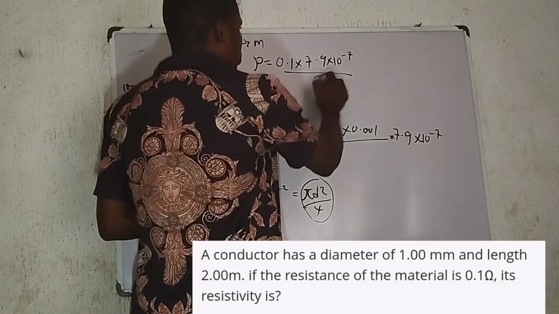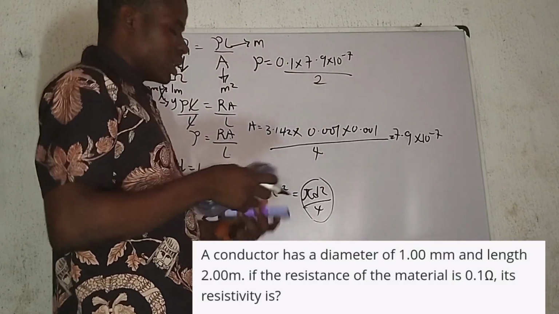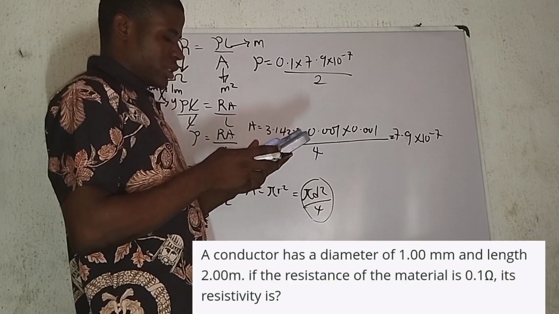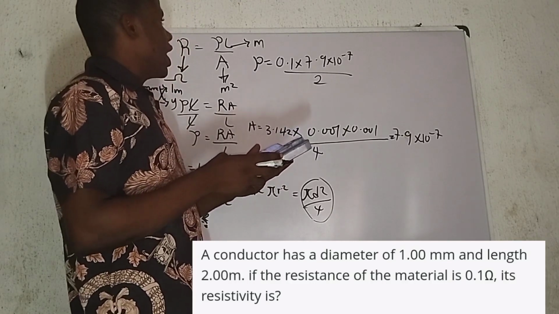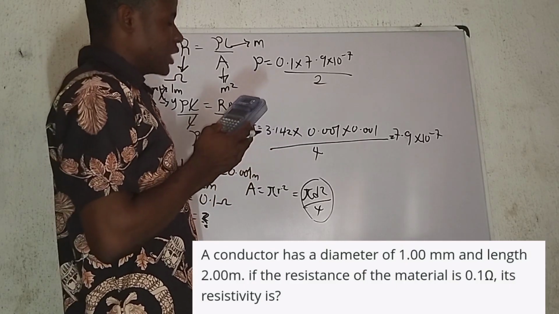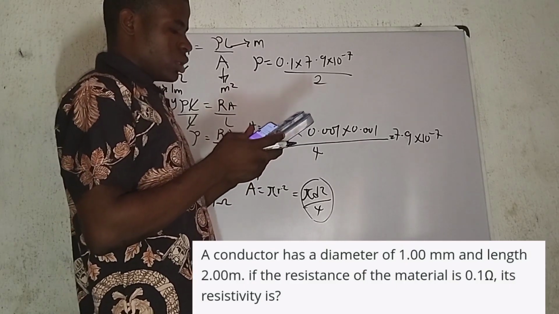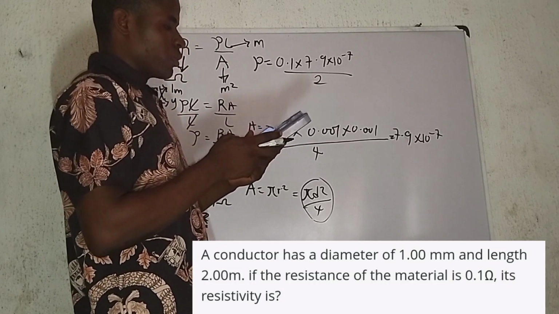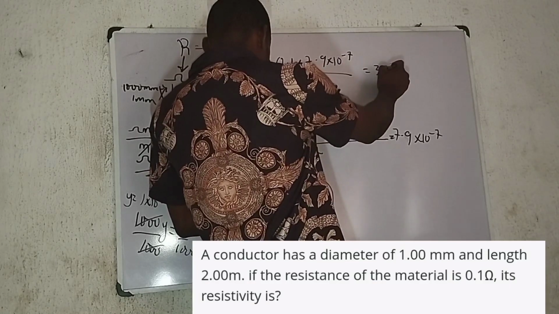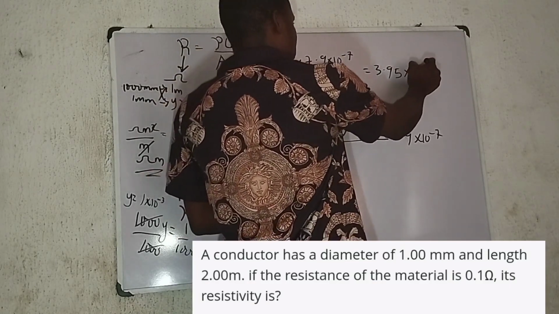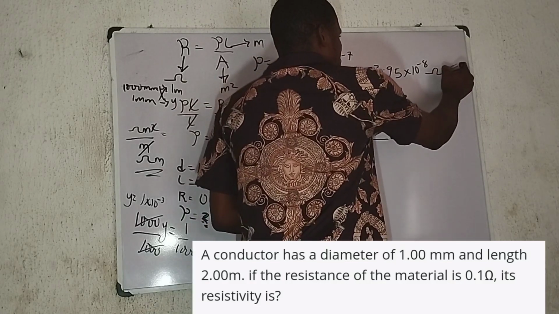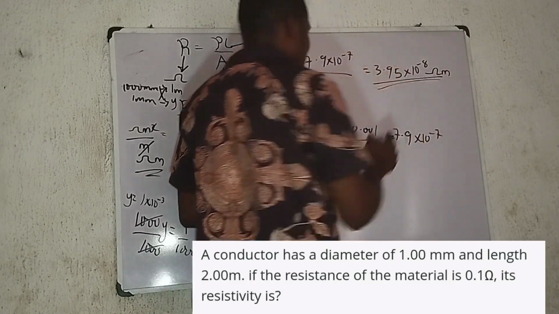Now let's use our calculator again. 0.1 times 7.9 times 10 raised to the power minus 7 is 7.9 times 10 raised to the power minus 8, divided by 2. Now it will give me our resistivity as 3.95 times 10 raised to the power minus 8. Now what's the unit? The unit is ohm meters.